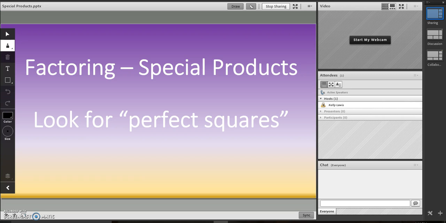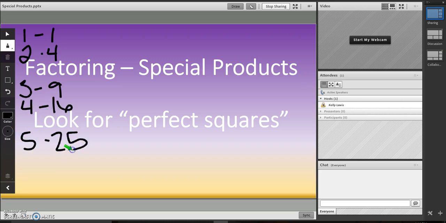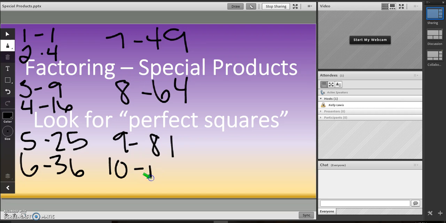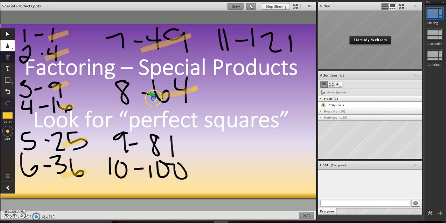Now the perfect squares are 1 times 1 is 1, 2 times 2 is 4, 3 times 3 is 9, 4 times 4 is 16, 5 times 5 is 25, 36, 49, 64, 9 times 9 is 81, 10 times 10 is 100, 11 times 11 is 121, so on and so forth.